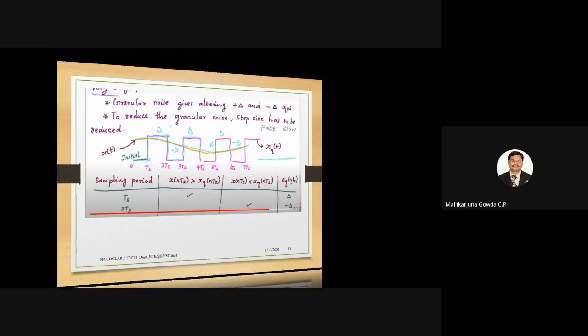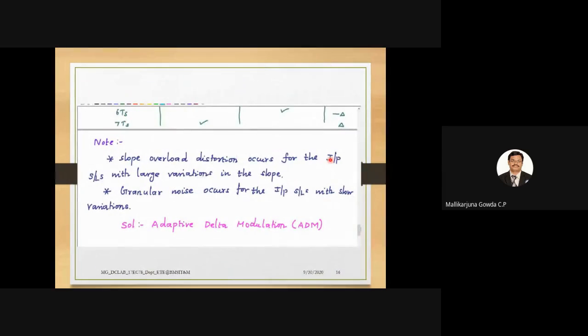To sum up, slope overload distortion occurs for an input signal with large variations in the slope. The second thing is that granular noise occurs for an input signal with slow variations. To overcome the first problem, we need to increase the value of delta.